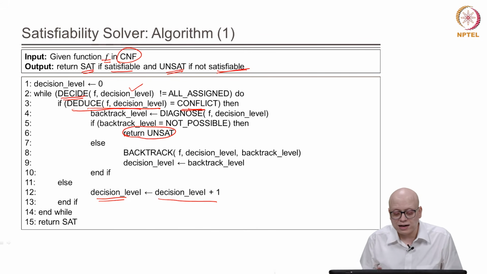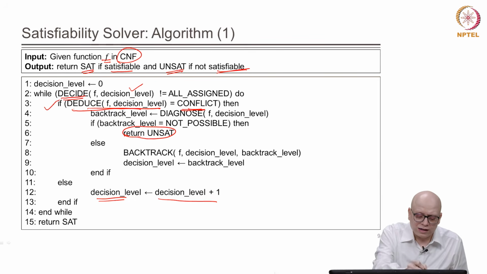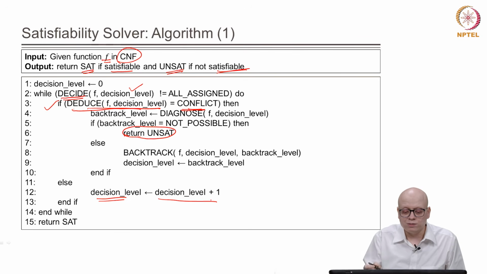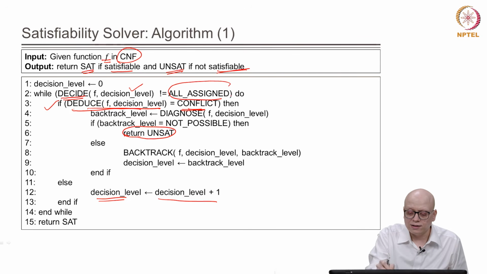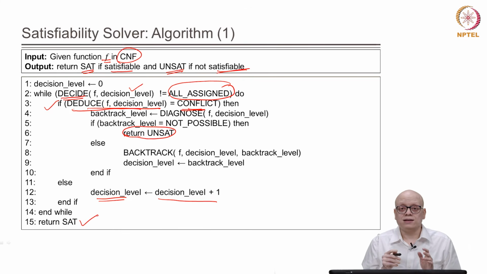Otherwise, we backtrack to the previous level or to some decision level, and then the algorithm moves forward. If there is no conflict and we go on deciding variables and all get assigned, in that case we return that the function is a SAT instance.